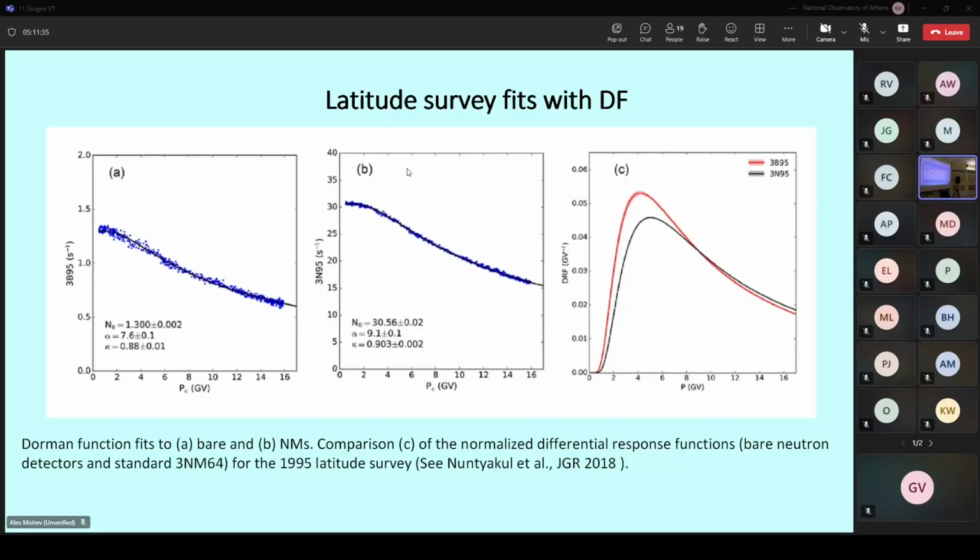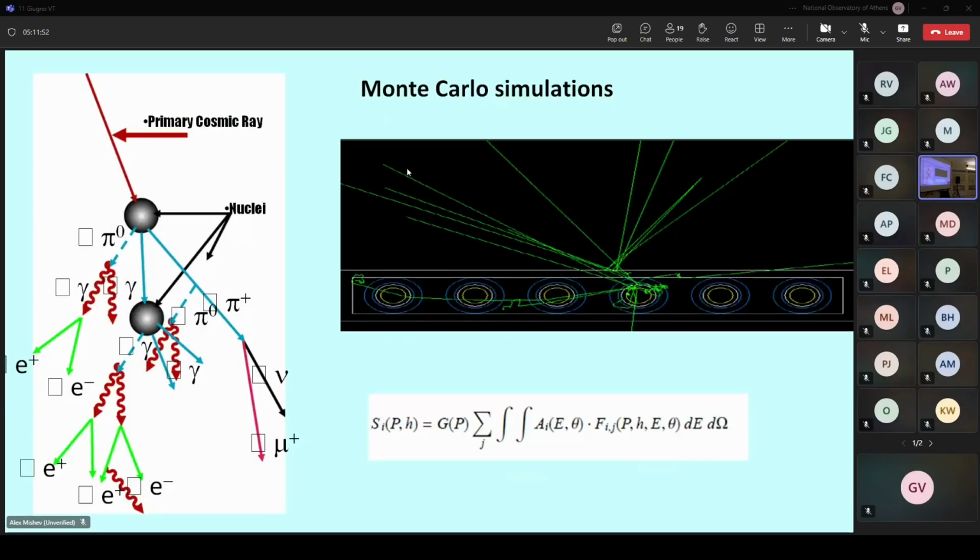The LED-free monitors, specifically those located at high mountain altitude, like the South Pole and Dome C stations, are more sensitive in the low energy range, so to the SCPs. The other possibility is to make a full Monte Carlo simulation of both the atmospheric cascade and the detector efficiency itself.